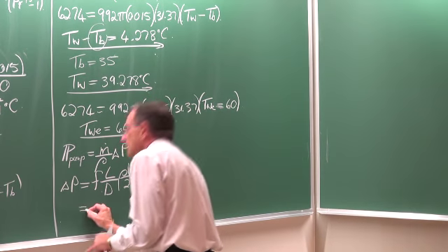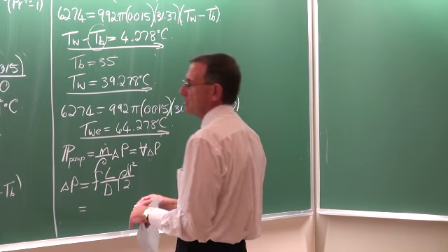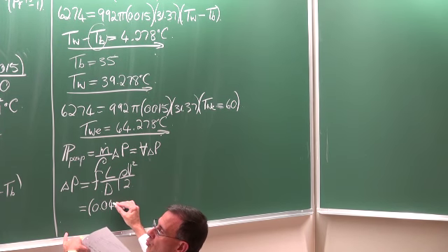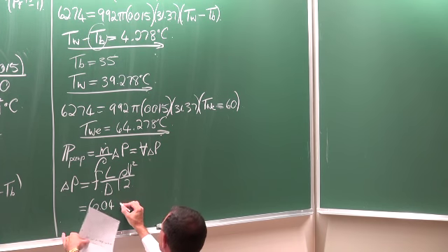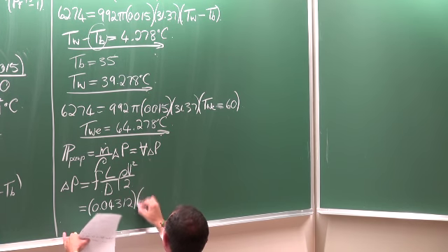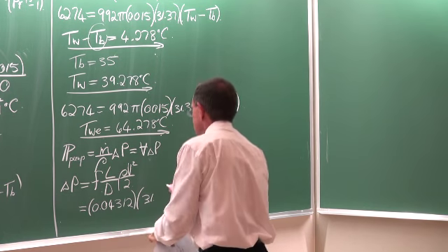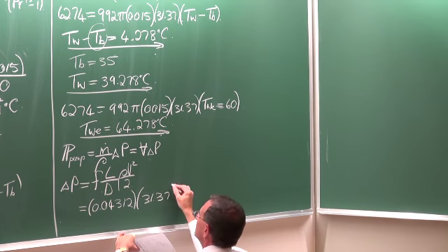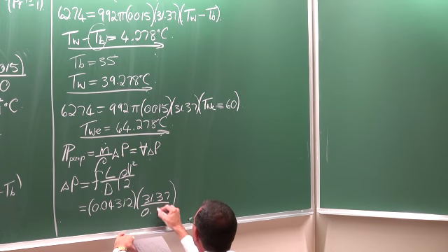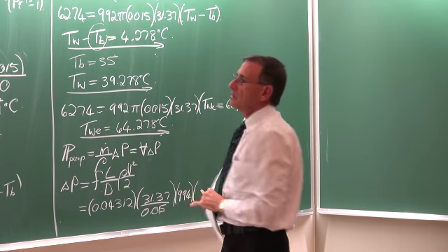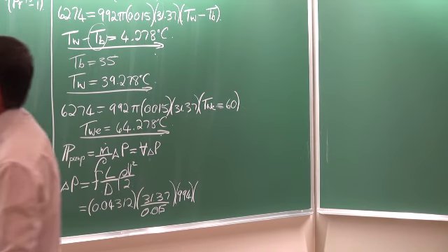The friction factor we have solved as equal to 0.04312 multiplied by the length, which is 31.37, divided by the diameter, which is equal to 0.05. The density is 994.